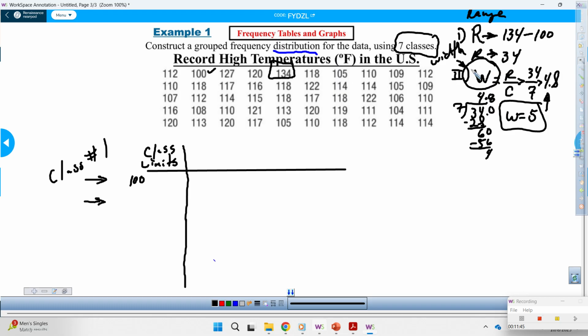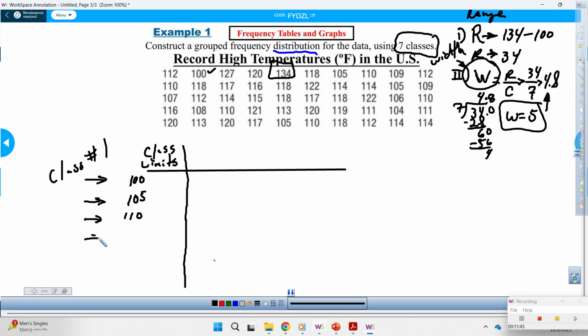So if we started at 100 and the width is 5, tell your neighbor what would be the next value here. 105. That is correct. If we go to the next class, what would be my next value once again if my width is 5? 110.